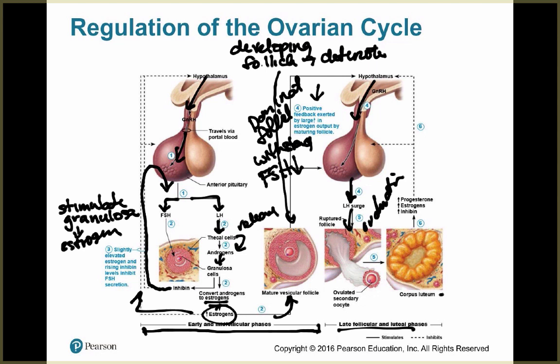So at this point, this luteinizing hormone surge is going to trigger the primary oocytes to complete meiosis 1, to become secondary. Then the secondary oocytes will enter into meiosis 2 and continue on to metaphase 2 of meiosis 2.